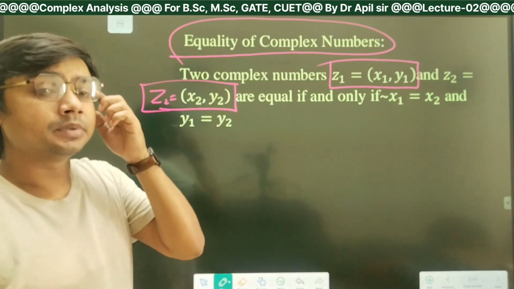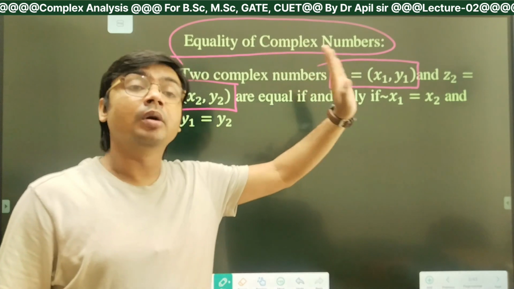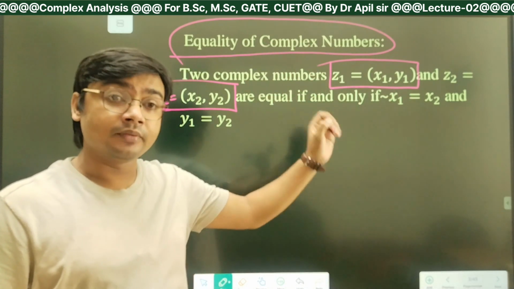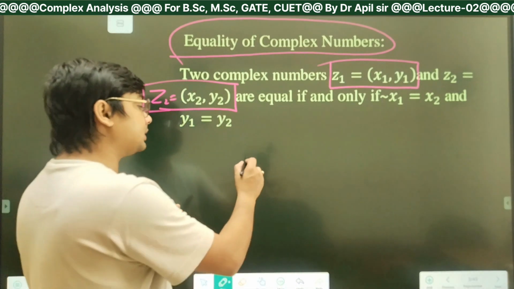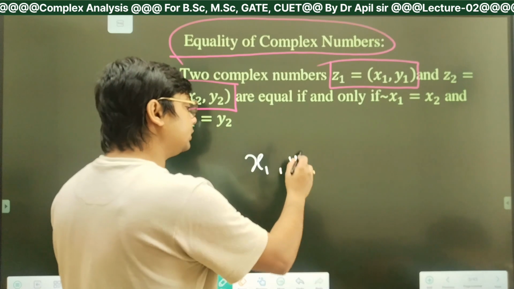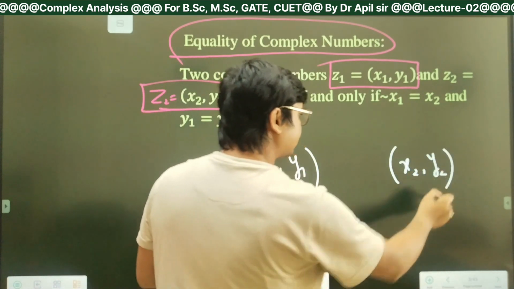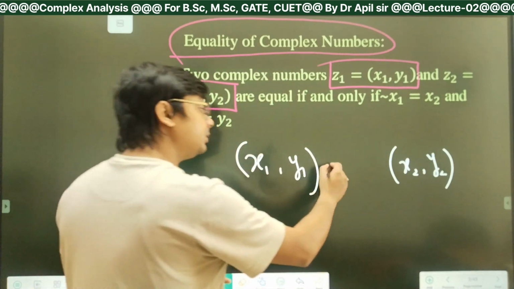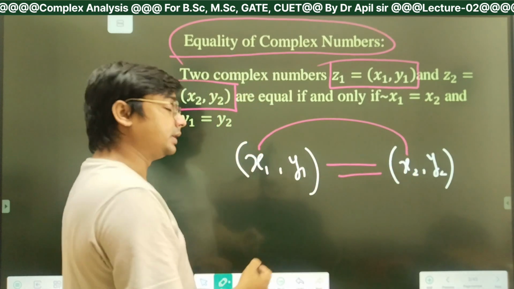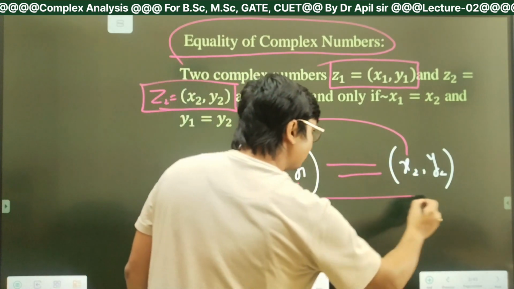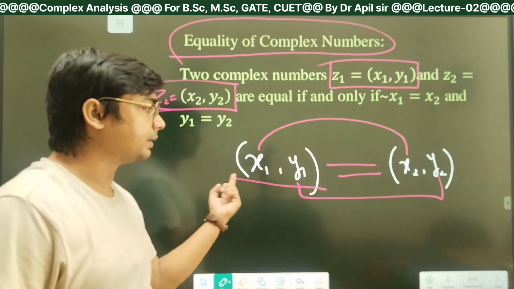These two complex numbers are said to be equal only when their corresponding real parts and the corresponding imaginary parts are equal. That means if one complex number is (x1, y1) and another is (x2, y2), then these two will be equal only when x1 and x2 are equal and y1 and y2 are equal. If this happens, then we call these two complex numbers equal.